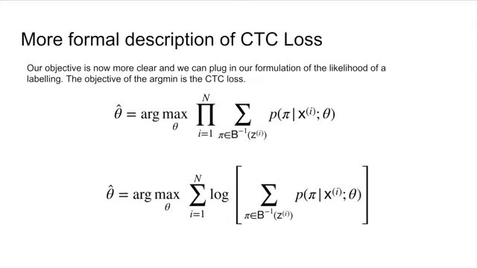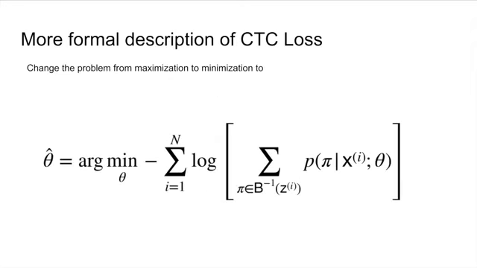We can take the log, which results in a sum, and then finally, so this can work with our gradient descent optimizer, we just take the negative of that, and now we're doing minimization here.